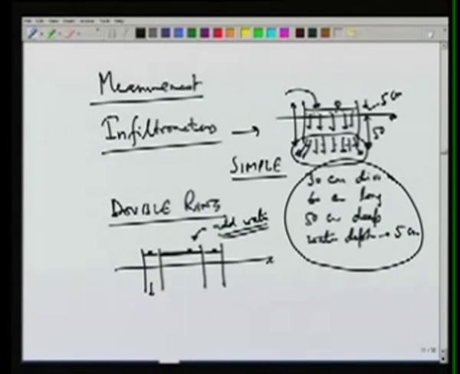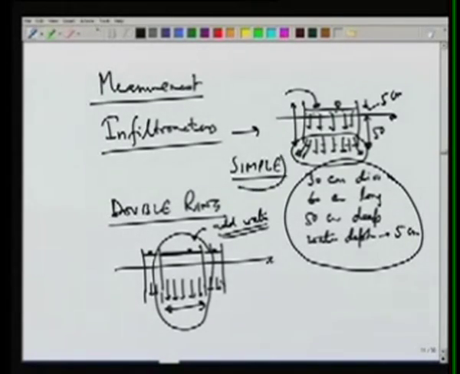But here, because of the presence of the outer ring, the flow will be nearly one dimensional in the entire area, and therefore this will give us a better measure of the amount of infiltration which is taking place. So these infiltrometers, either simple or double ring, can be used to estimate the infiltration.